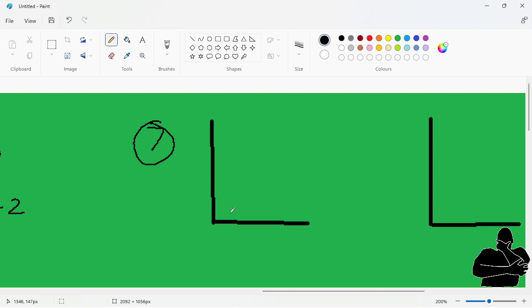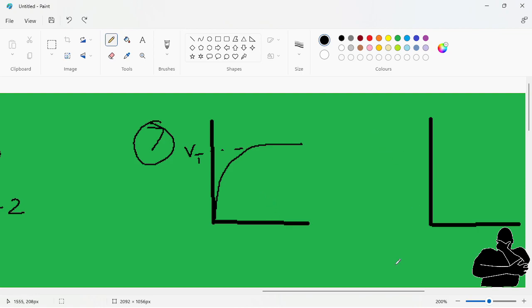And that would look like this. So this velocity here is the terminal velocity. So this is velocity on the y-axis and time is on the x-axis.